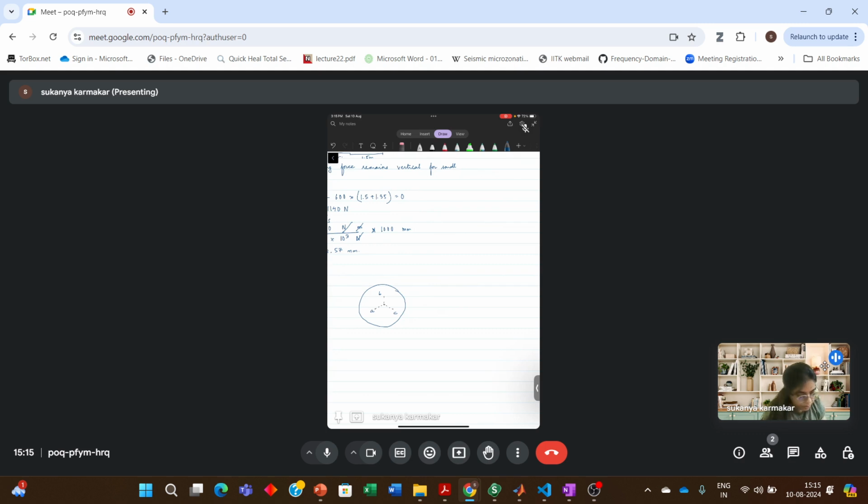Let O be the center point. Then these angles are all equal, and it is 120 degrees. So I hope this is clear.